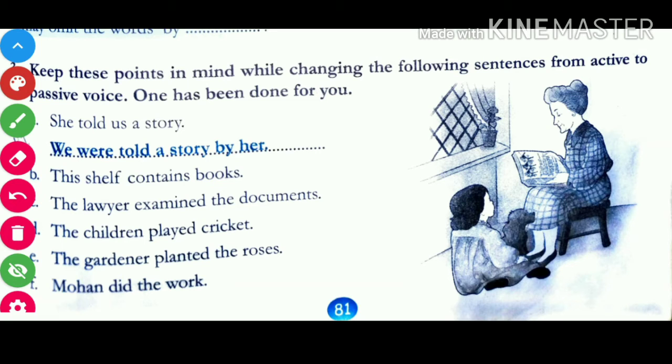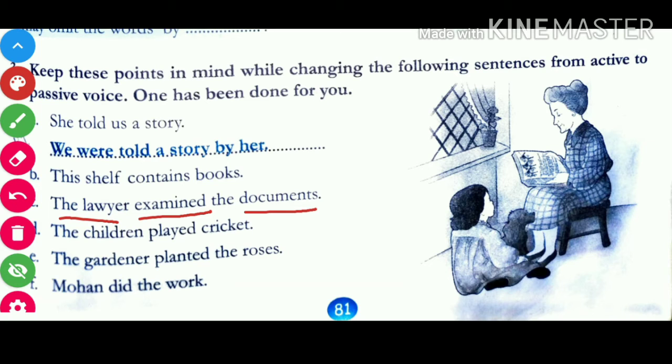Come to the third one. The lawyer examined the documents. अब ये lawyer जो है हमारा predicate बन जाएगा. So the lawyer examined the documents क्या हो जाएगा हमारा? The documents were examined by the lawyer. We'll go in reverse.